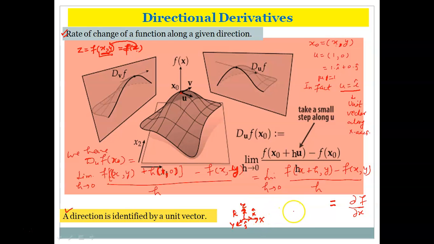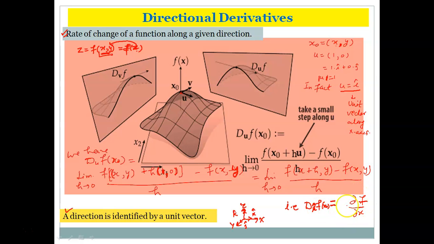So you can say that here we have obtained that this directional derivative D_u f at the point x naught is in fact the partial derivative of f with respect to x, if the unit vector u is i cap, that means if you are assuming the direction along the x-axis.